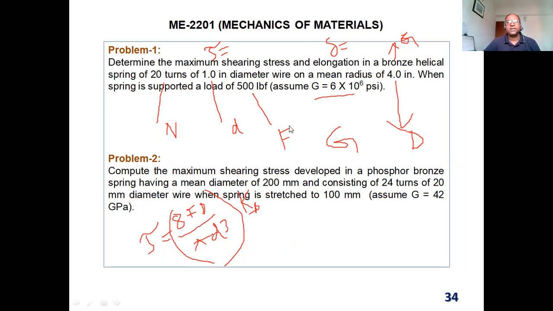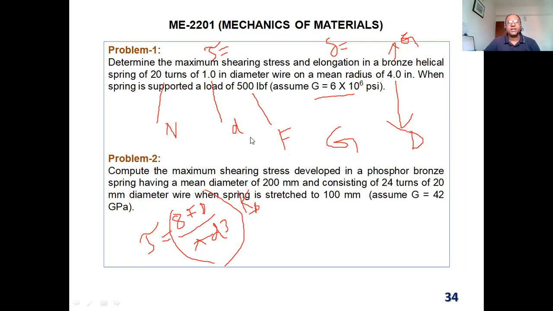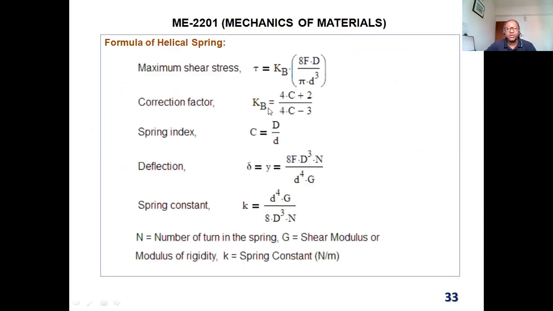And what is Kb? Kb equals (4C plus 2) over (4C minus 3). What is C? D by d. The value of C equals bigger D, that means 4 inch, divided by small d, 1 inch diameter. So if you figure out the value of Kb, then just put in all the values and you can easily solve it. Okay, so we are not solving that one. Right, Kb value is right over here.